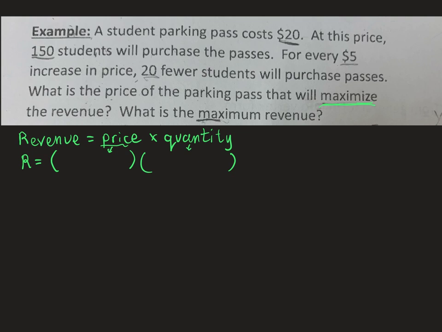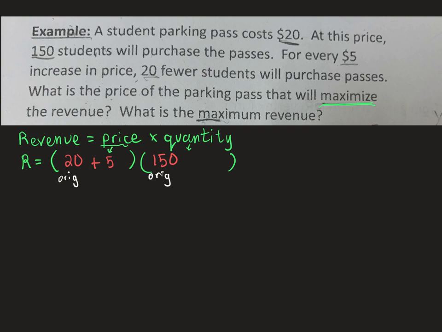And in the first position of each brackets, you put the original situation. So original price and original quantity before any changes was $20 for original price and 150 students purchasing the passes, so that's the original quantity. All right, then it says for every $5 increase in price, so in the price brackets we go plus 5.